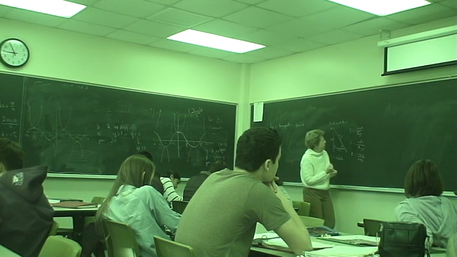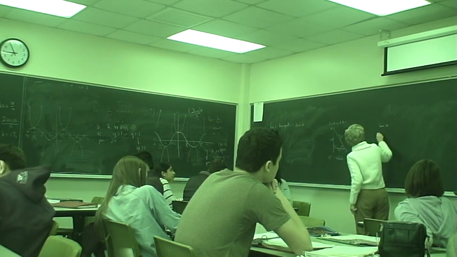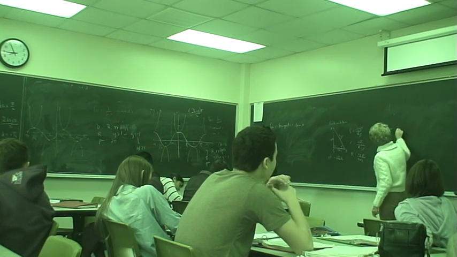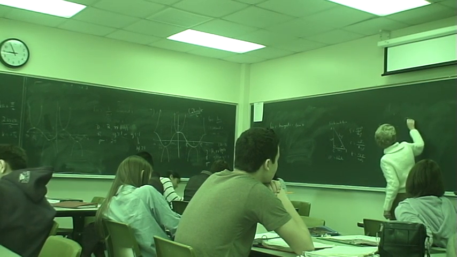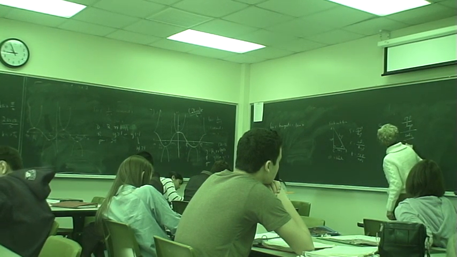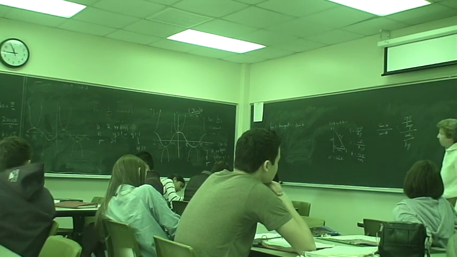Okay, suppose I looked at sine over cosine. That's tangent, okay? Then I would have opposite over hypotenuse divided by adjacent over hypotenuse. Opposite over adjacent. Why?